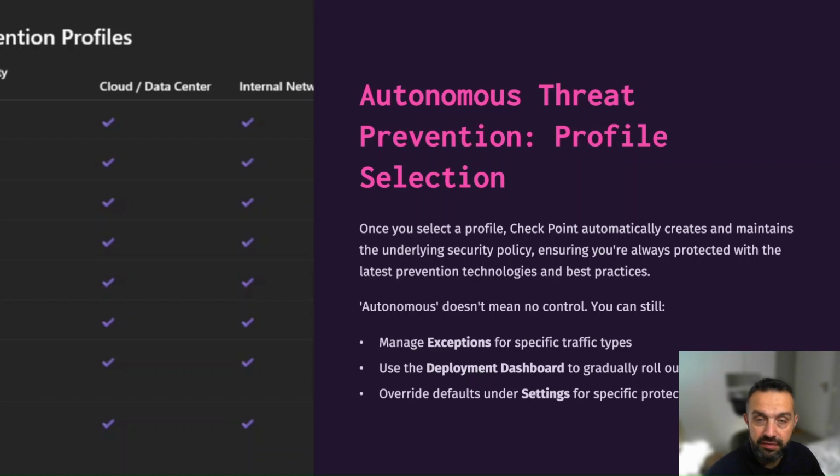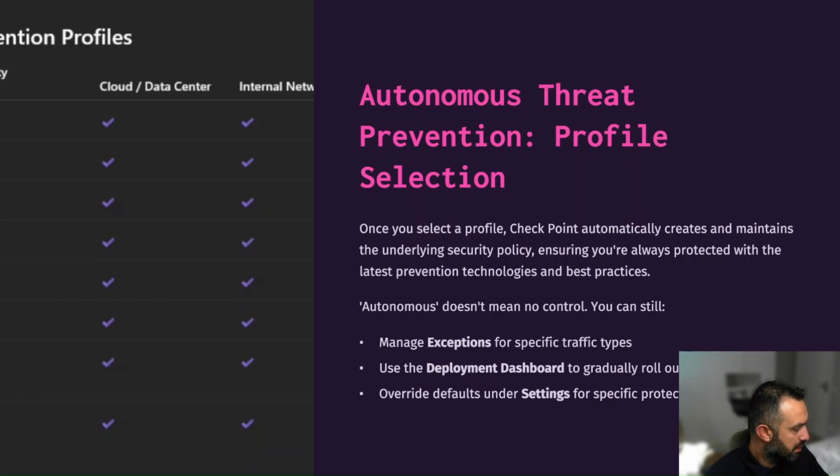You can place a specific network, as we did, in a detect-only mode for a trial period before moving it into full protection. And under settings, you can override the defaults. For example, you can adjust how sanitized files are handled or enable specific DNS protections that might be off by default in your chosen profile.